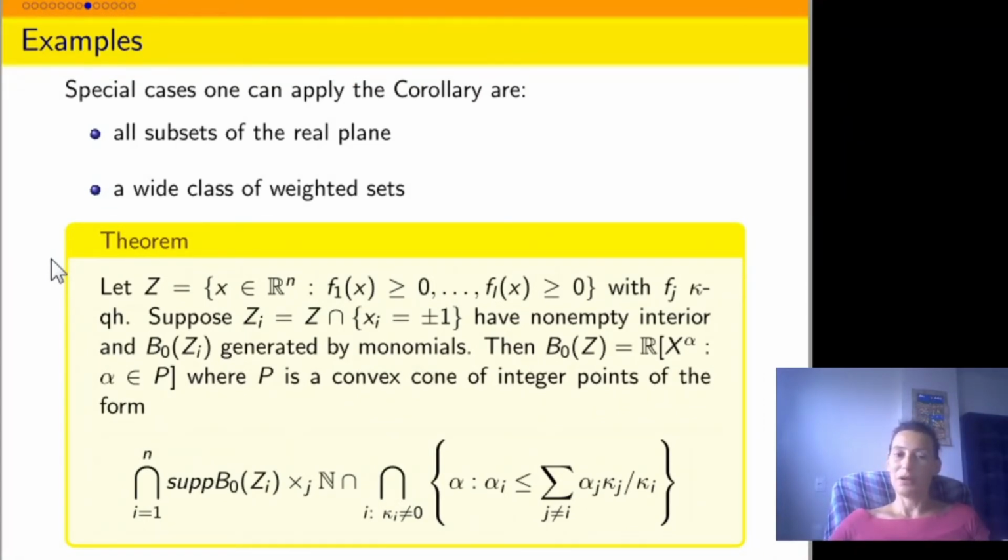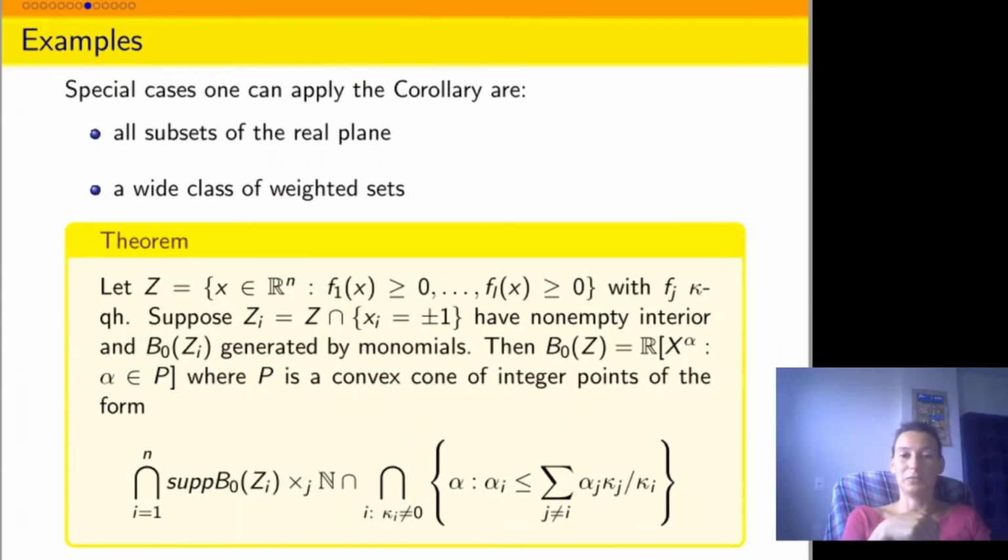So remember that Zi is a one less dimensional set. So the support is necessarily in one less dimensional lattice space. So times j, and here I mean that we plug the natural numbers onto the jth coordinates.